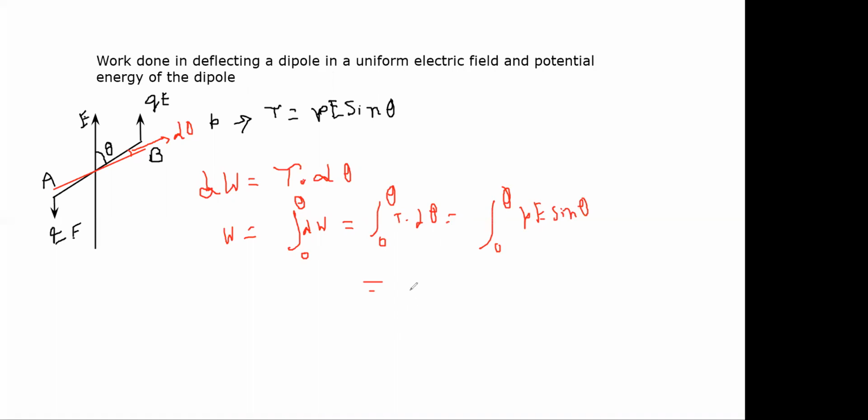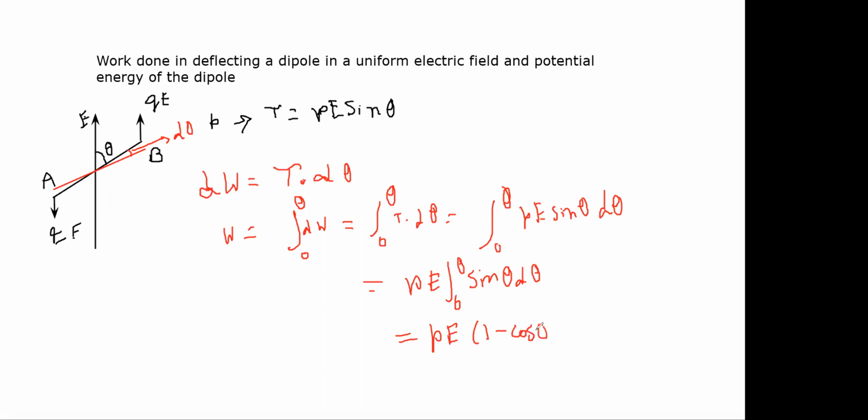If you do the integration, pE becomes constant, so pE times the integration from 0 to theta of sine theta d theta. The integration of sine theta d theta will give you 1 minus cos theta, so pE into 1 minus cos theta.